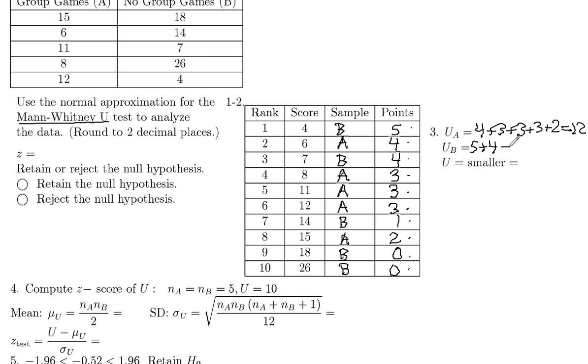And we add those up. I'm sorry, that's a total of 10. 5 and 4 is 9, plus 1 is 10. The U statistic is the smaller of those two, which is 10. Okay, so that's our test statistic.